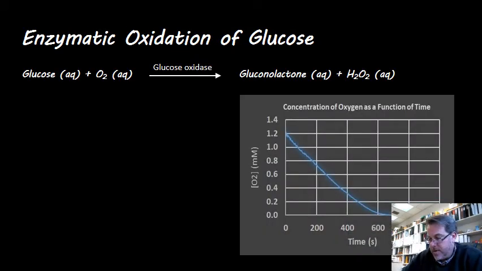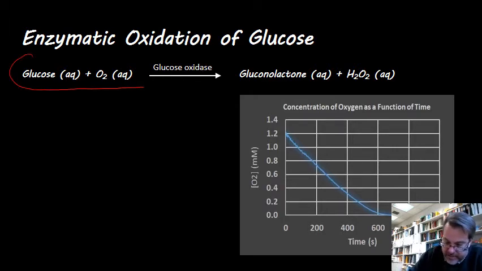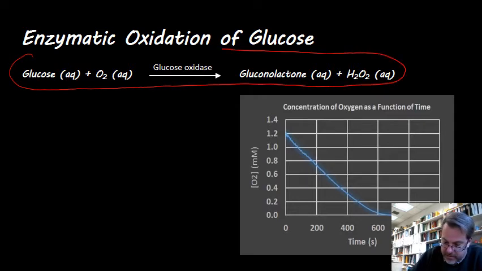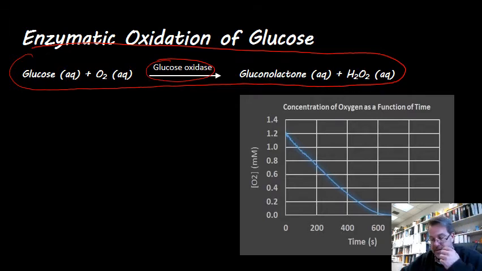All right, so what I wanted to look at here is some data for a zero order reaction that a research student here at the college did a couple years ago, and the reaction is the oxidation of glucose, and the reaction takes place using an enzyme called glucose oxidase.